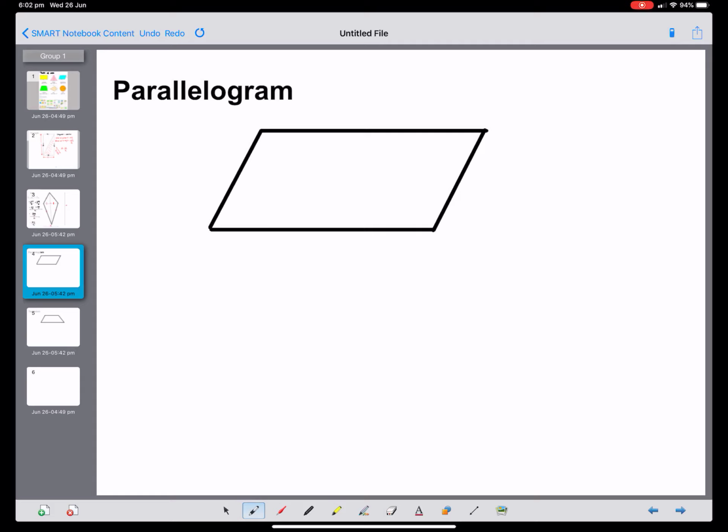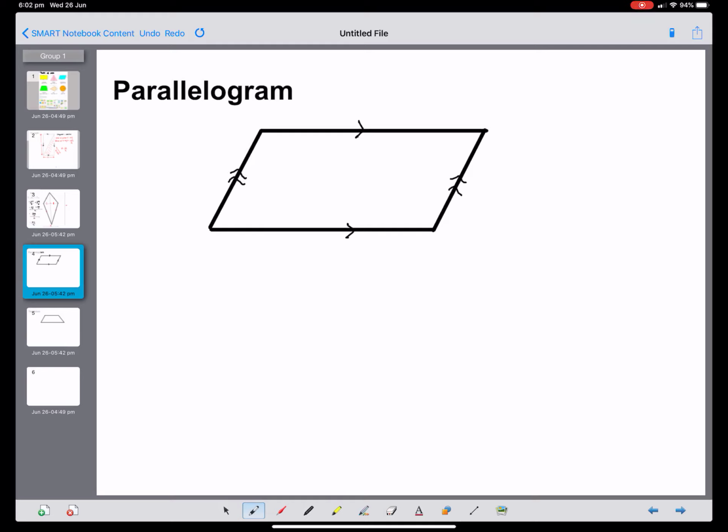So why not pause the video and see if you can find the area of a parallelogram. Okay, so hopefully you've done that now. So let's have a look at the properties of a parallelogram. We have two sets of parallel sides.